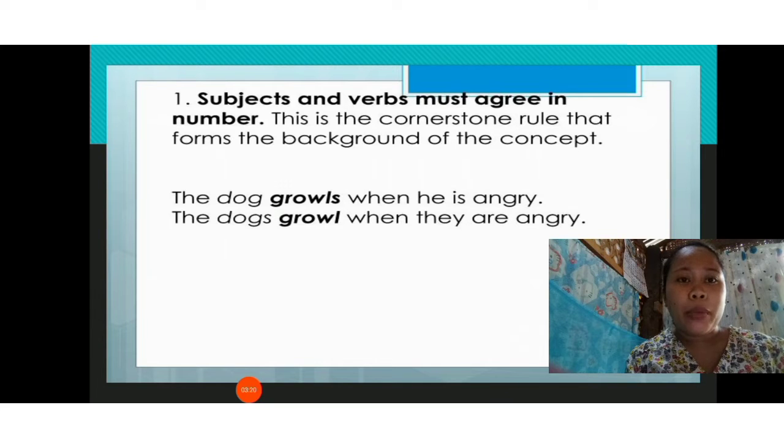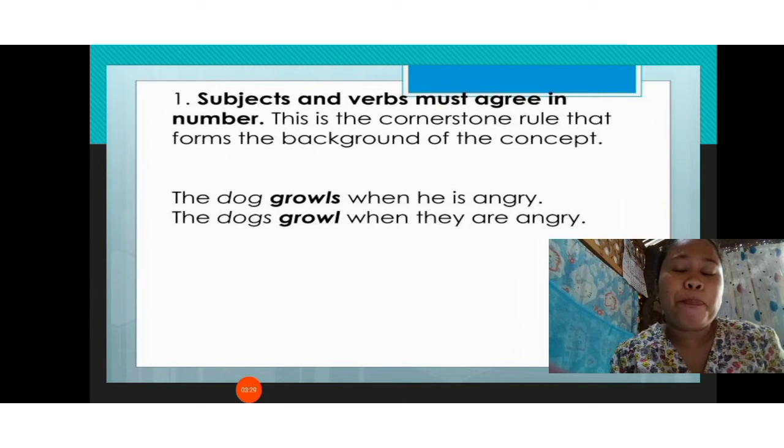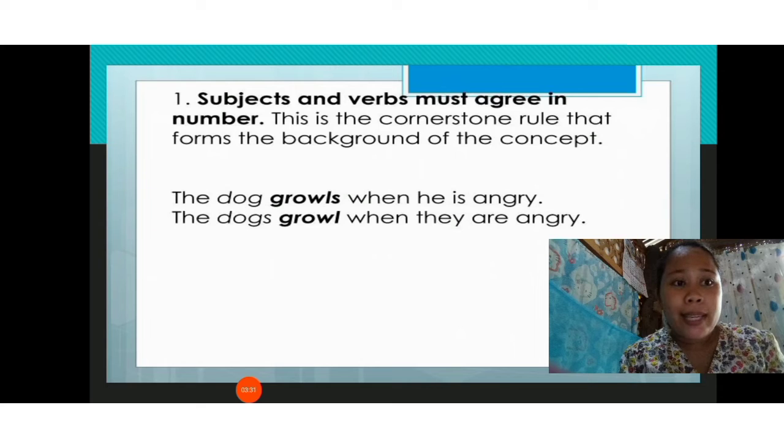So this means that we need to use the plural form of the verb also, and that is growl without S. So take note of this, guys: for the singular noun, that is without S. For the singular verb, that is with S. For the plural noun, with S. For the plural verb, without S. So let's proceed to the second rule.